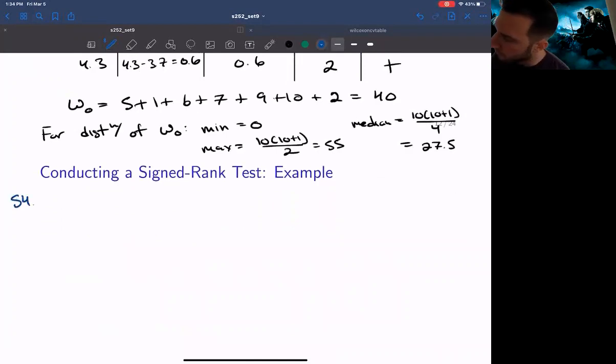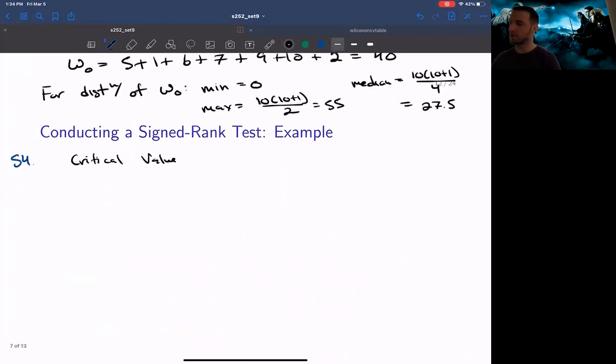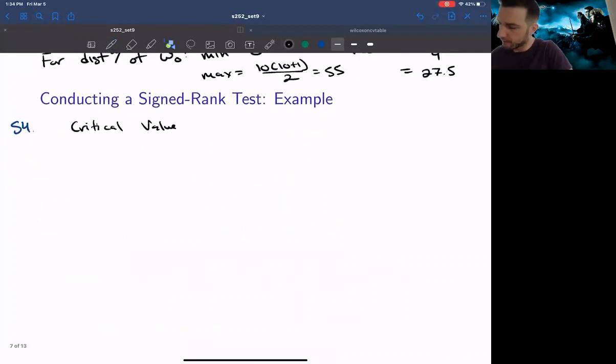So on step 4, if we take the critical value approach, we might have something that looks like this.